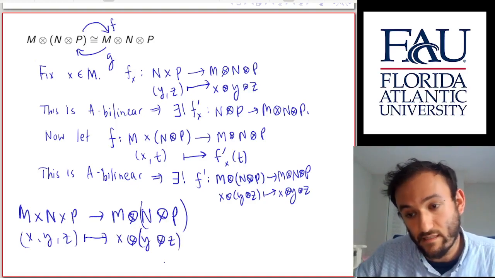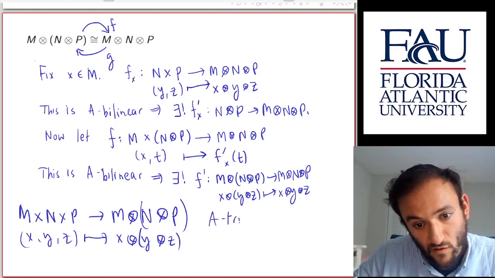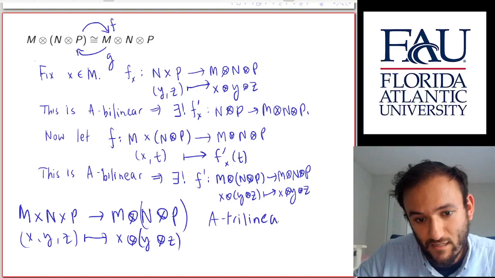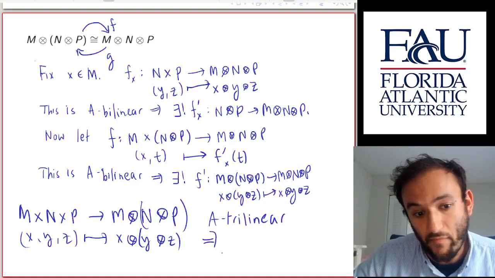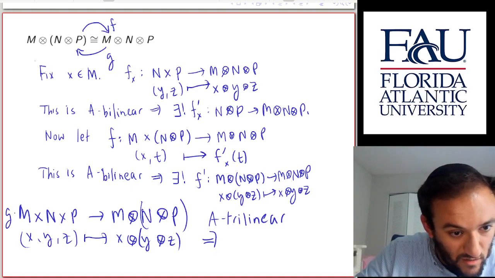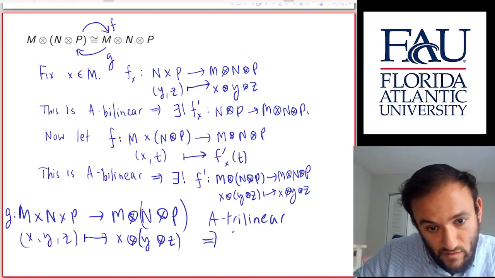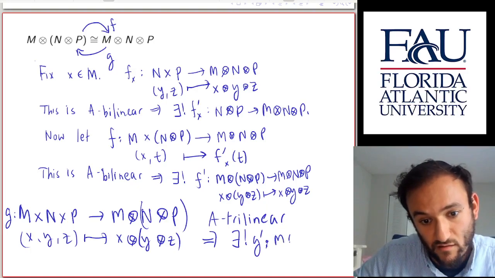It's plain to see that this is trilinear in this case. So that implies we have a unique homomorphism. Let's call this g prime from the three-way tensor product.